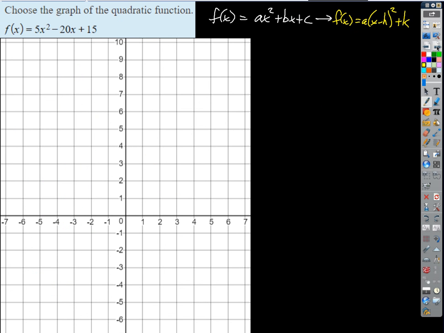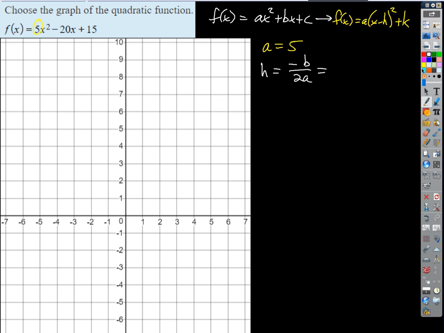Same thing here. Well, what's the value of A? That's given to us, 5, right? So we know A equals 5, there it is. H and K, we don't get directly, but if we have something in standard form, what's the trick for finding H? What's the little formula we use? Negative B over 2A.